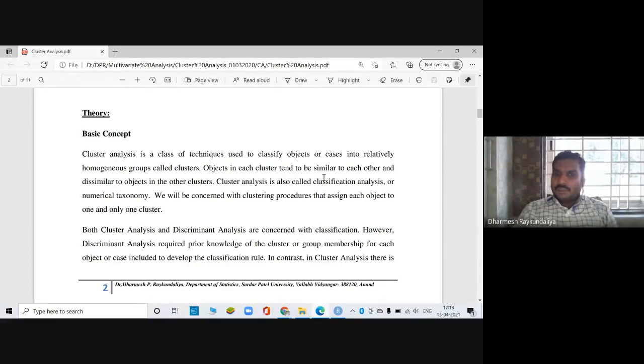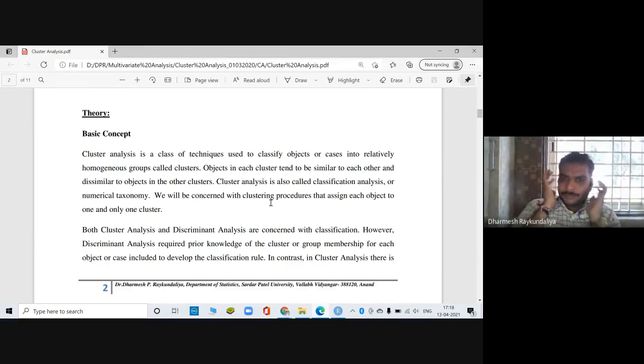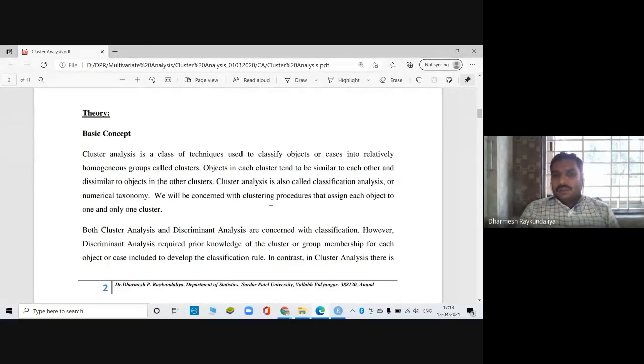Objects in each cluster tend to be similar to each other and dissimilar to objects in other clusters. So similar objects belong to the same cluster and dissimilar ones belong to others. Cluster analysis is also called classification analysis or numerical taxonomy. We'll be concerned with clustering procedures that assign each object to one and only one cluster.